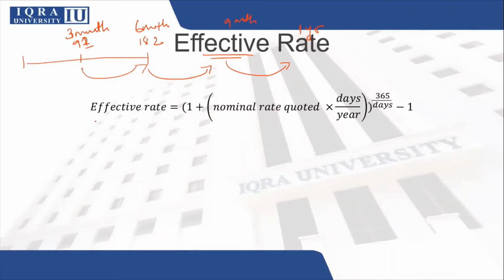And this is the formula to calculate the effective rate: 1 plus the nominal rate quoted times days over 360, to the power 365 divided by days, minus 1. Again, we'll do an example in order to understand this concept even more.